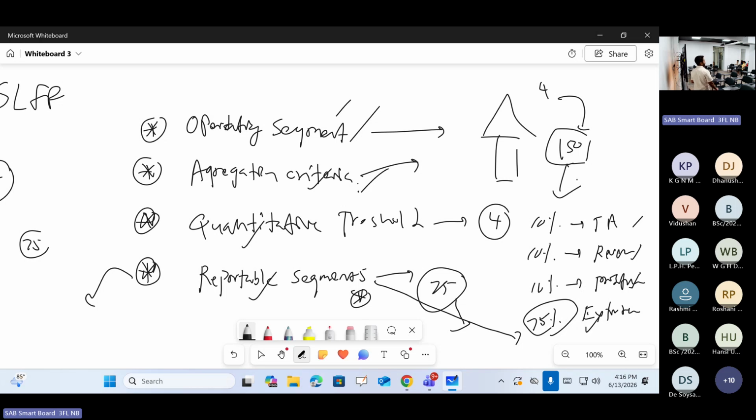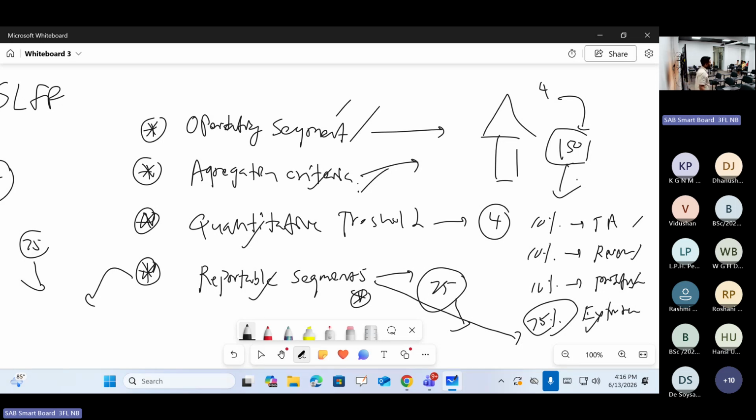And the critical thing is, once you are giving this, you need to reconcile with the balance sheet, the P&L and the cash flow. Main financial statement numbers should be tallied with these 75 numbers.